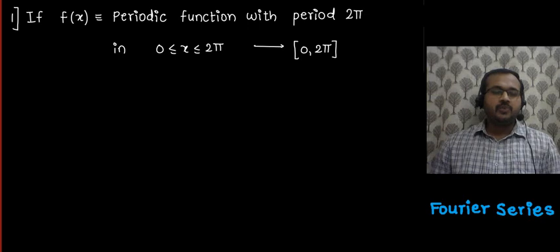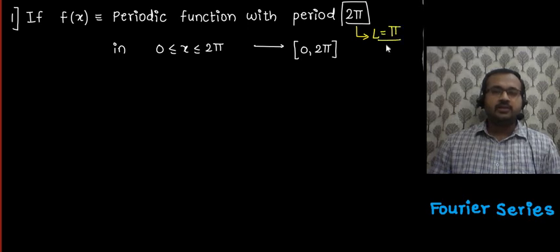We consider case 1. If f of x is a periodic function with period 2 pi in the interval 0 to 2 pi, then we can compare it with the previous case. Here we find 2L is equal to 2 pi, which implies L is equal to pi, and instead of the interval c to c plus 2L, here the value of c is equal to 0, so the interval will be 0 to 2 pi.